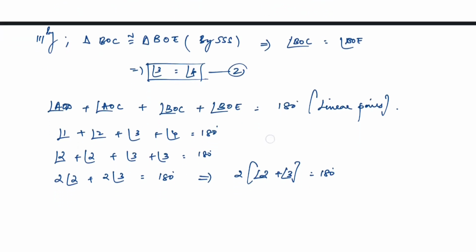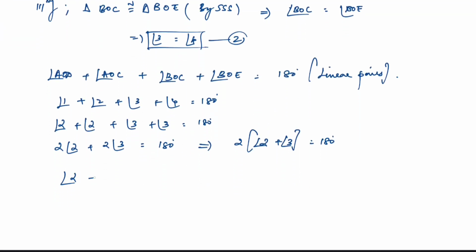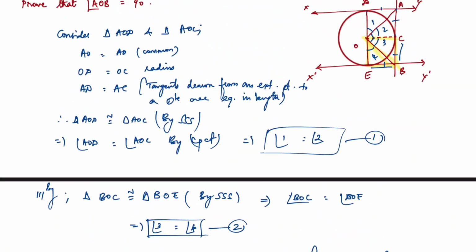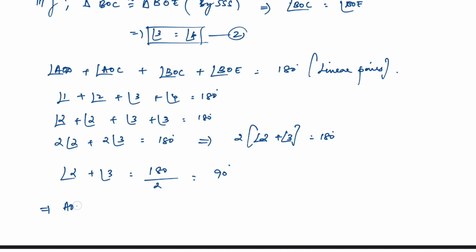Taking 2 to the opposite side, angle 2 plus angle 3 is equal to 180 by 2, that is 90 degrees. We also know that angle 2 and angle 3 are AOC plus COB. AOC plus COB is equal to 90 degrees, that is angle AOB. Therefore, angle AOB is equal to 90 degrees.